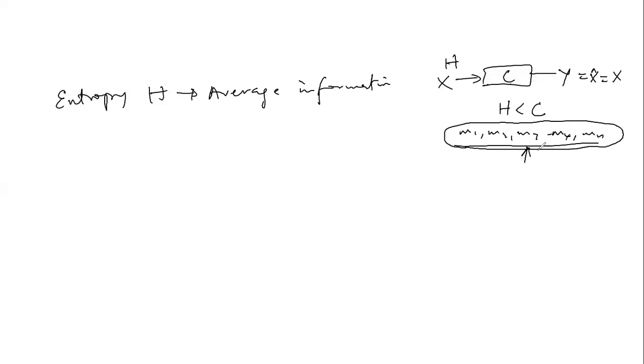That is compression. So if I'm able to do that, and I'll call that Mk, then transmitting Mk means that I'm transmitting the information contained in this. And this Mk should be less than the capacity of this channel. That's what we are trying to say. So entropy, therefore, is average information.